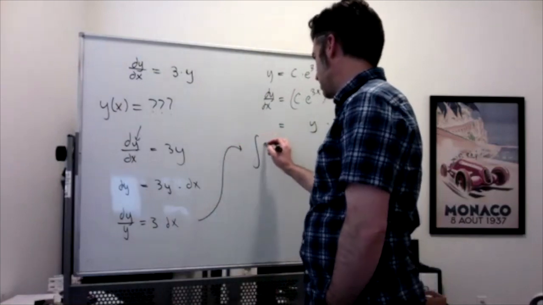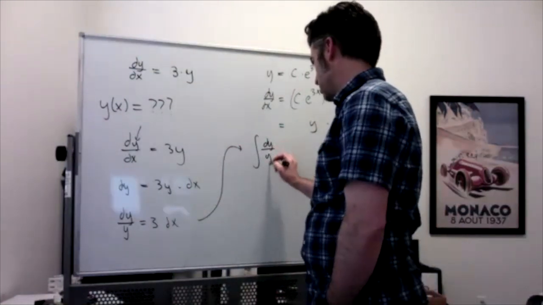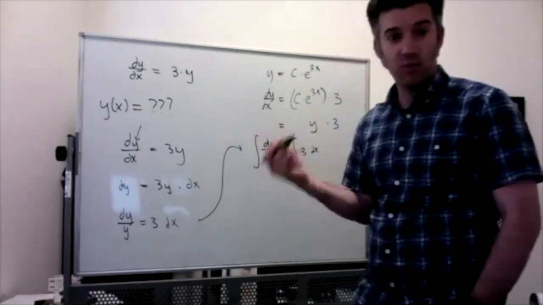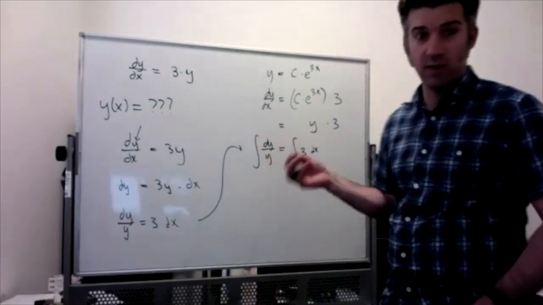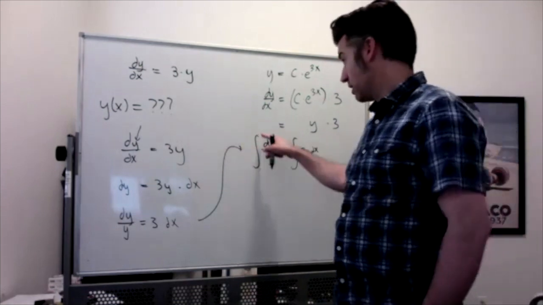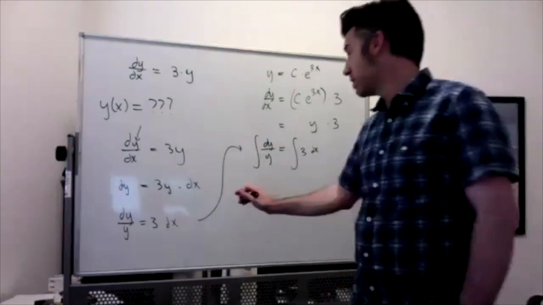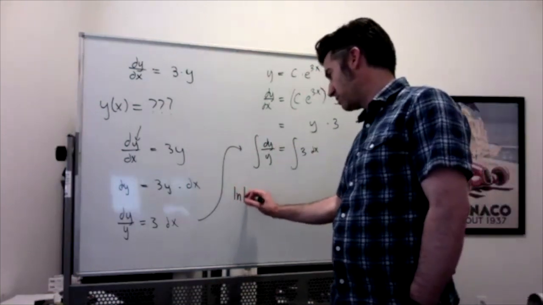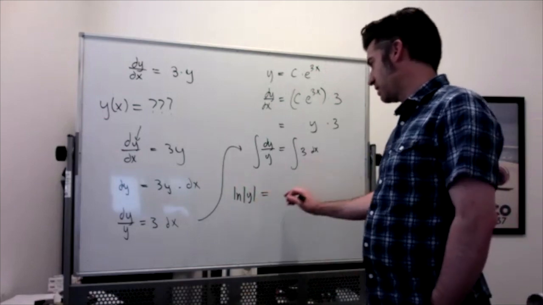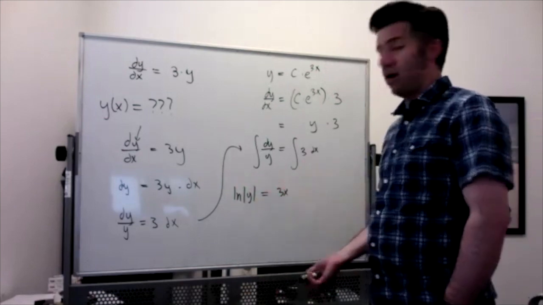So then we're going to integrate both sides. This is called separation of variables. We separated the y's from the x's, and now we're just anti-differentiating both sides. The integral of 1 over y dy is the natural log of the absolute value of y. The integral of 3 dx is 3x. Now, here's what we have.